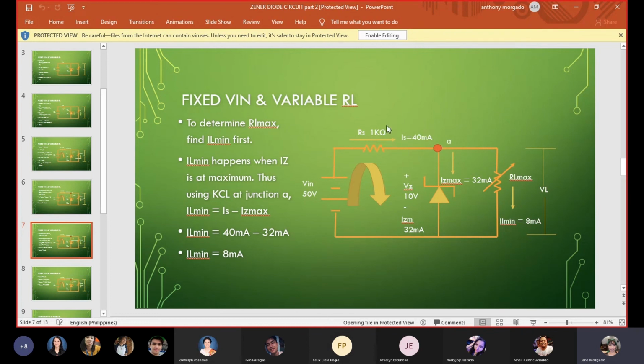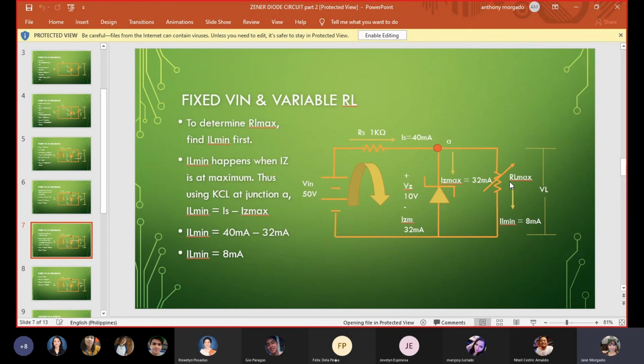Hindi naman nagbabago si VS. Ang magbabago is the current flowing through Zener and RL. So this time nahanap natin ang minimum IL such that we can determine the maximum RL.